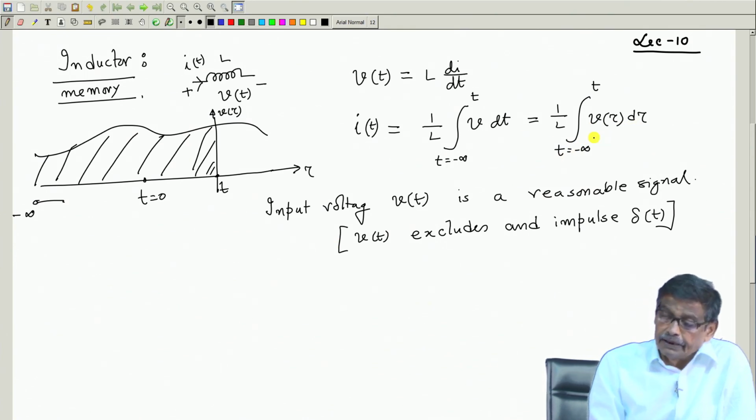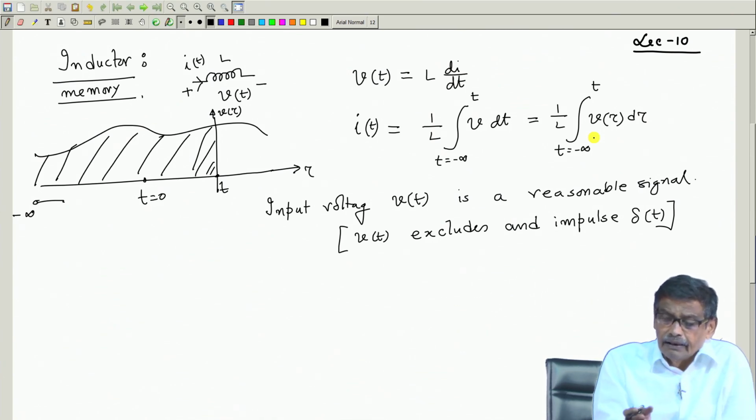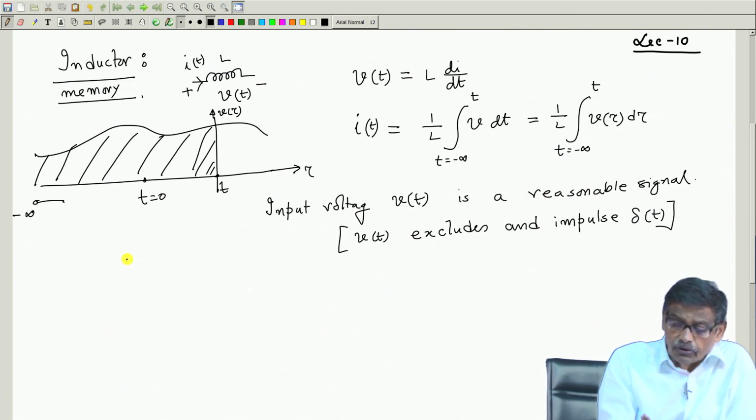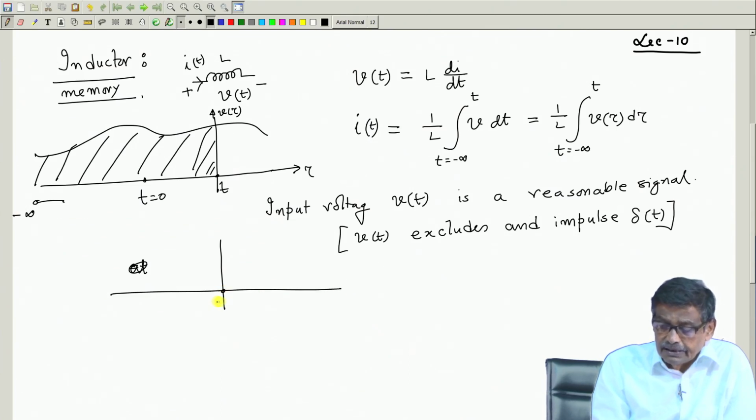Now, suppose across an inductor at t equal to 0, let us try to understand the t equal to 0 business. This is t equal to 0.